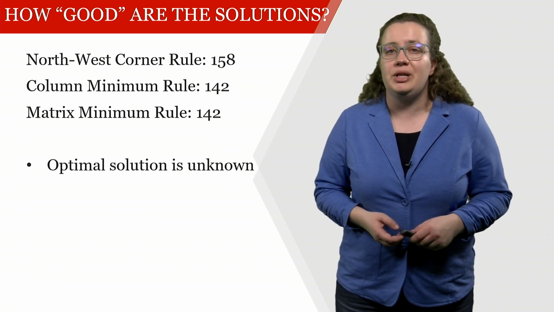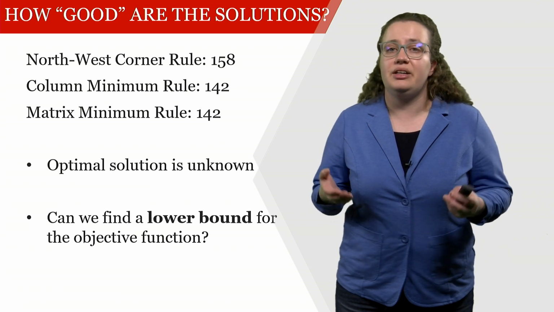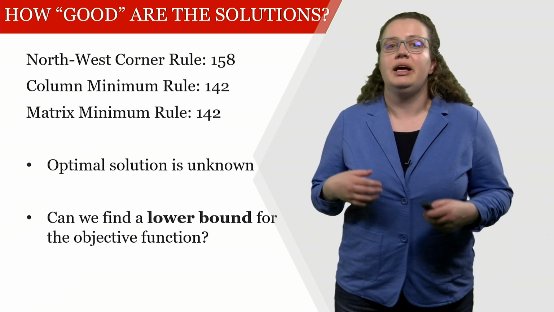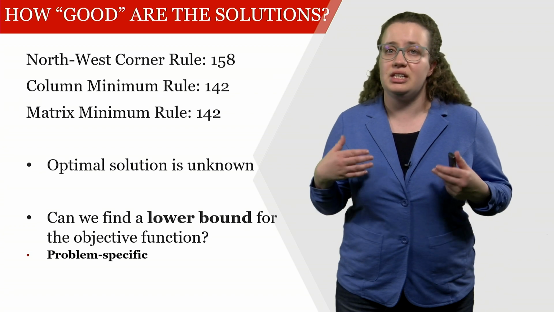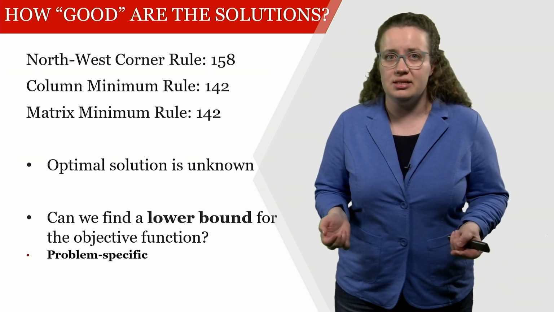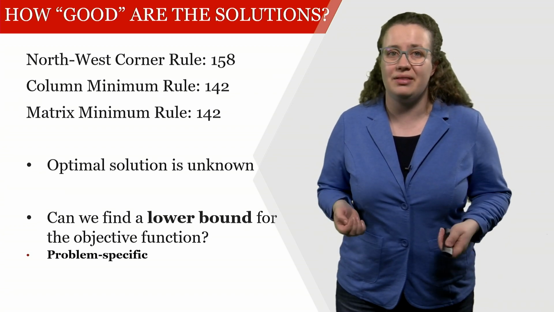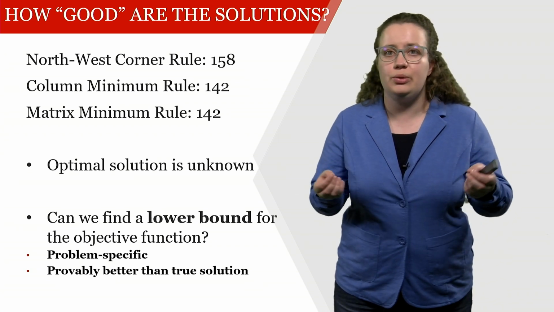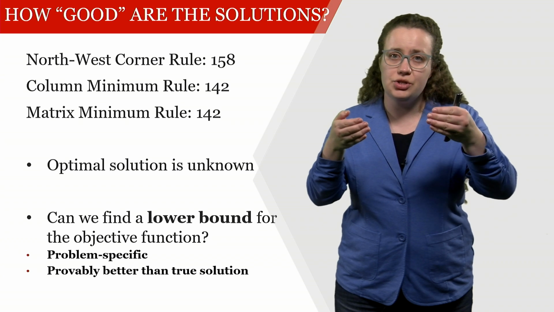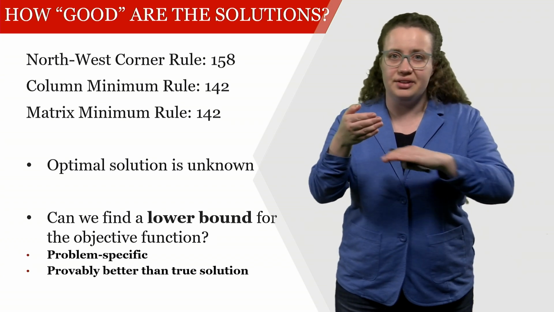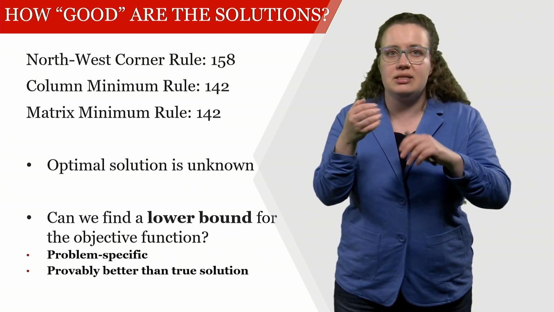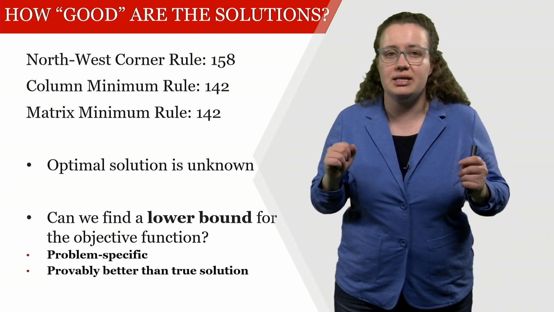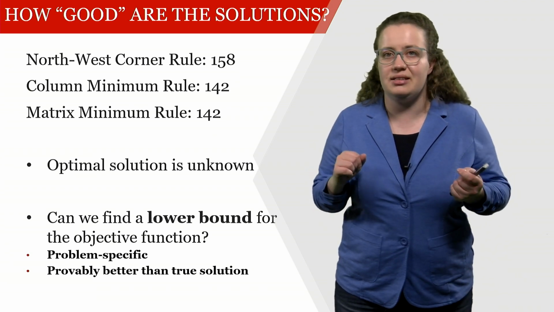So what we would like to do is find a lower bound for the objective function, so something that is problem specific, that tells us, okay, we're definitely going to be better than this. So for instance, we're saying, okay, the optimal solution might be somewhere in this range, and we know that this other value, for instance the value 0 in this case, is definitely better than the true solution.